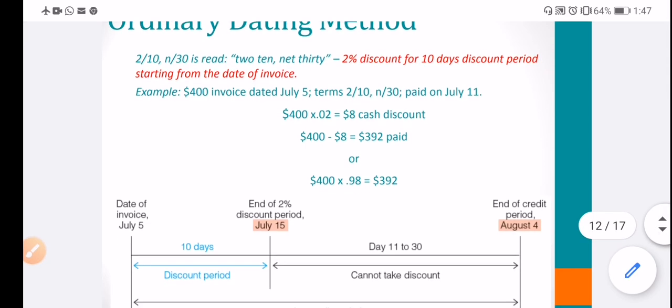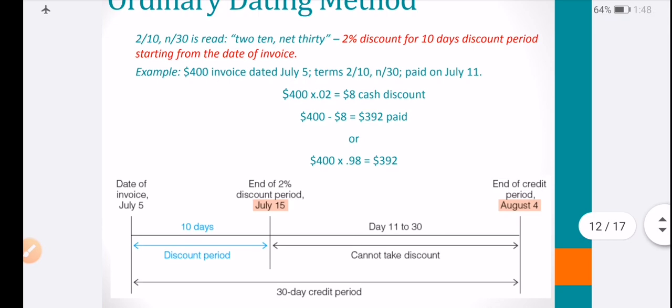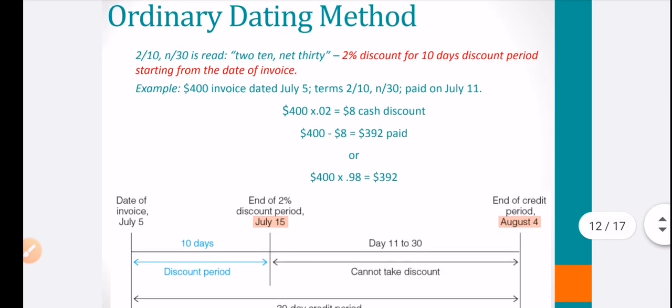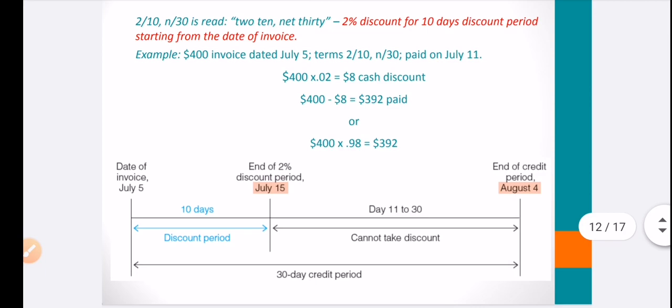Take this example. A $400 invoice dated July 5 using the terms 2/10 net 30, paid on July 11 using the ordinary dating method. For simplicity, we just draw this sketch.